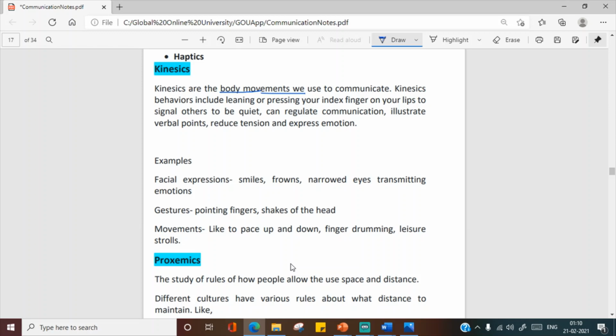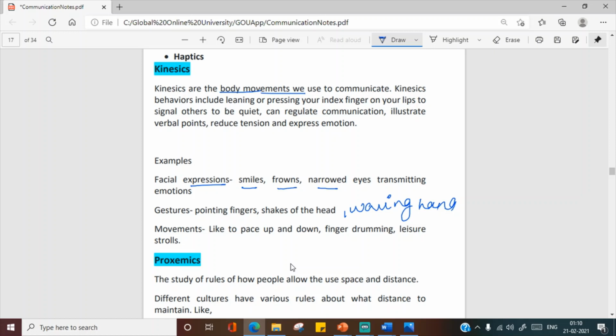It could be facial expressions through the face when you are trying to tell others something. A smile means you are happy, a frown means you are sad, narrowed eyes mean you are thinking something. Gestures, pointing fingers, shaking, handshaking. And if you are waving your hand at someone who is going, that is also kinesics.